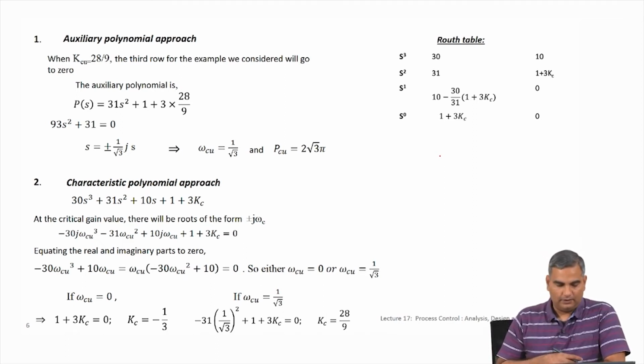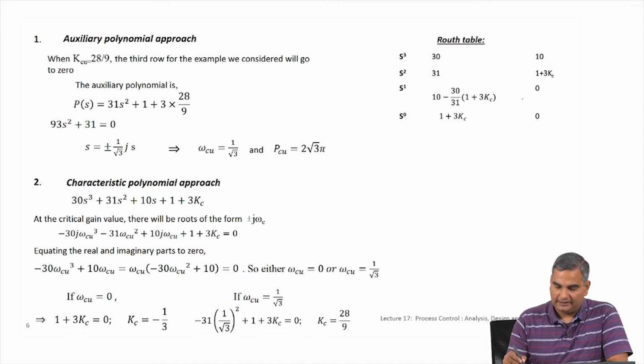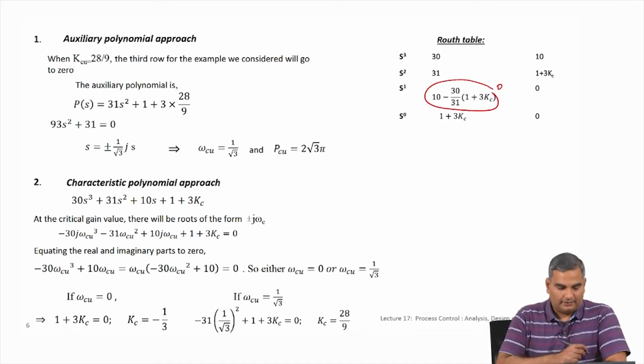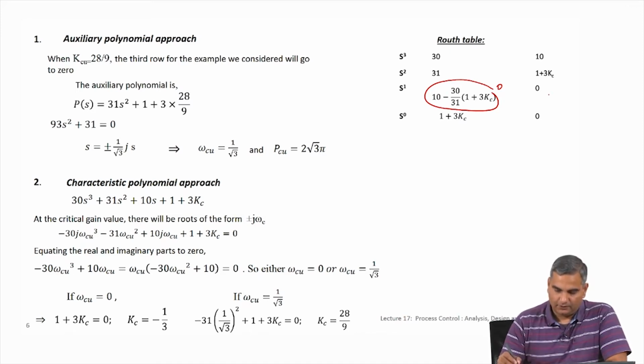What we are going to do is at Kc exactly at 28 by 9, because we said this is greater than 0 and got this 28 by 9, if you compute this for Kc equal to 28 by 9, this will go to 0. Okay, and in the last class when I talked about the Routh table, we talked about if a row becomes 0, then there are roots that are going to be on the imaginary axis.